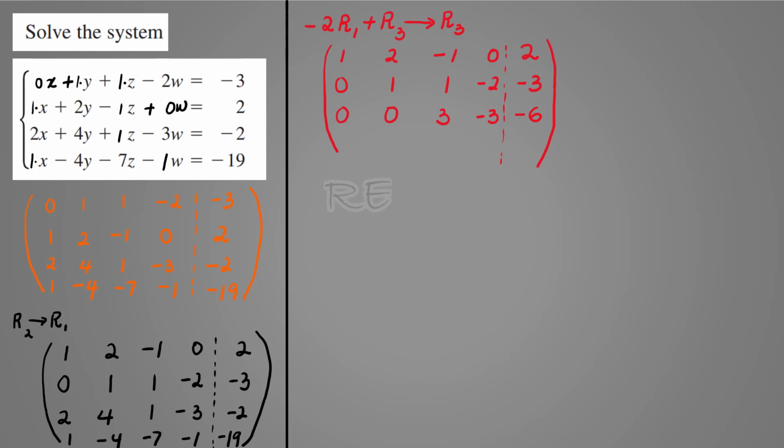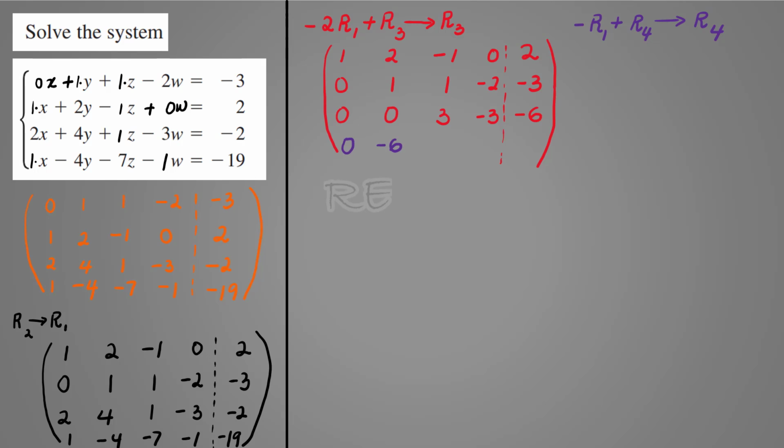To get 0 as the first entry in the fourth row, we're going to do negative R1 plus R4 in R4. Negative 1 plus 1 will be 0. Negative 2 plus negative 4 will be negative 6.